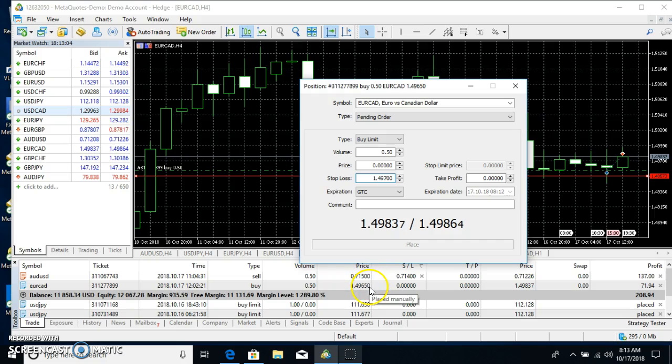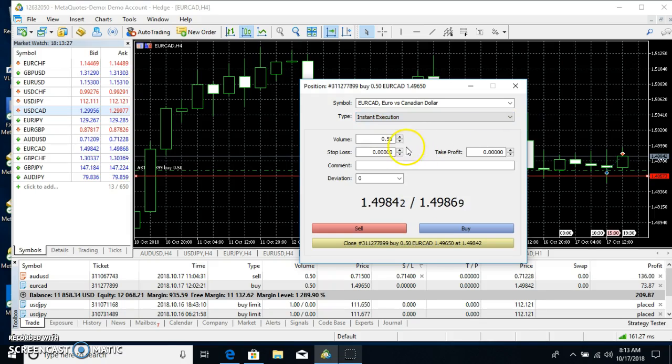Why is that not buy? 149.70. Because it should be done at the execution stop loss.